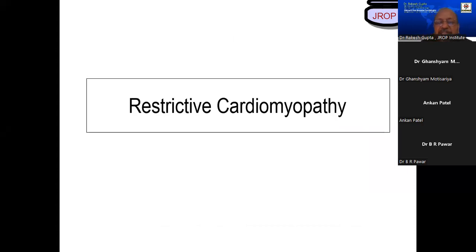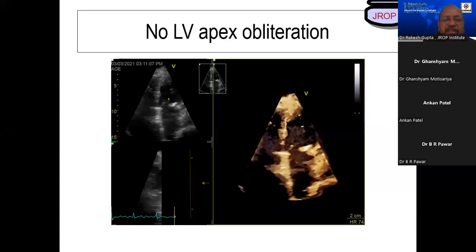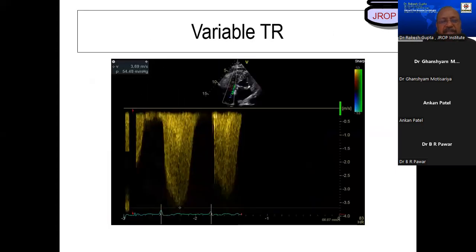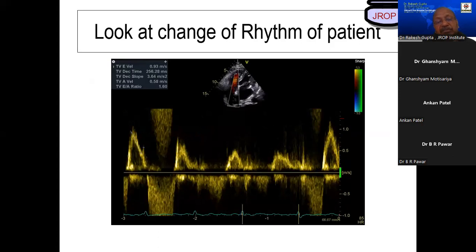RVEDP we can measure in this patient by going back to a very simple formula, which I'll show you right now. Suppose I'm taking this wave, the E wave is 93. And this deceleration time is 256 milliseconds.